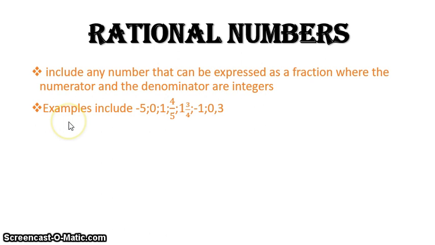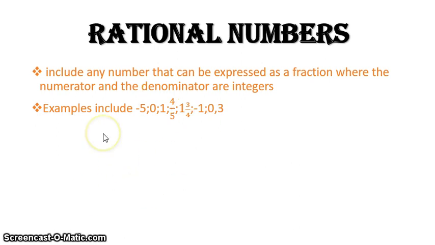Next, rational numbers. Rational numbers are numbers that can be expressed as a fraction where the numerator and the denominator are integers.